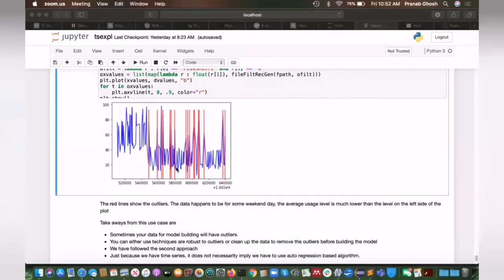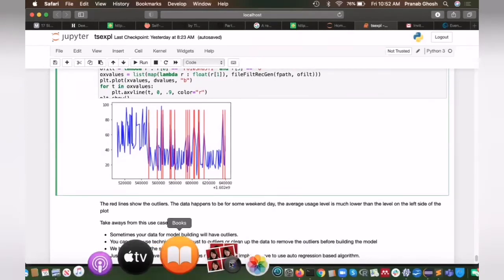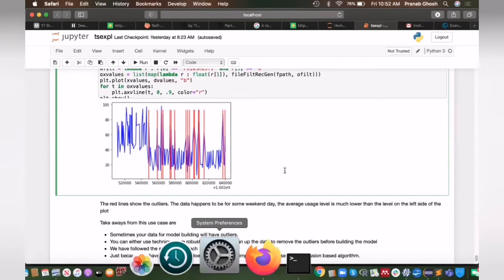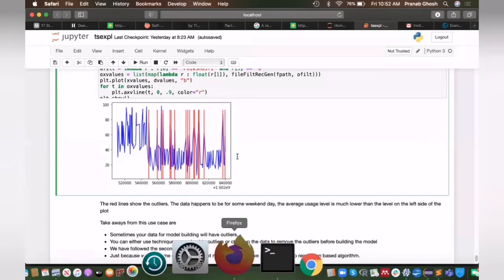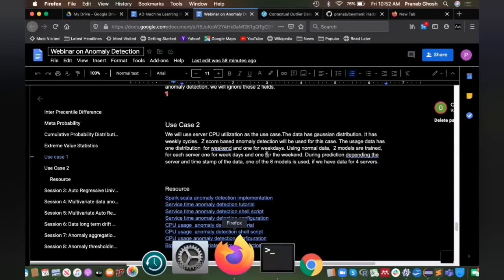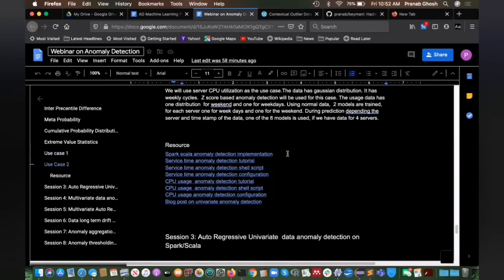So let's go back to the Google Docs. Here are all the references: the Spark Scala anomaly detection implementation, the tutorial, the shell script configuration.